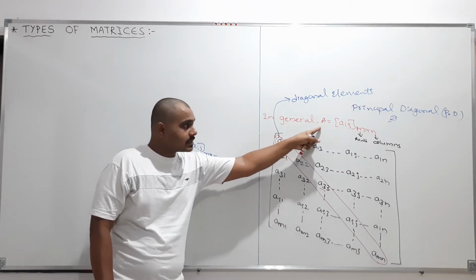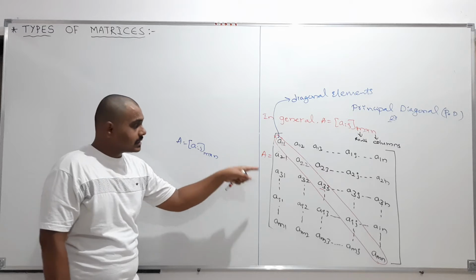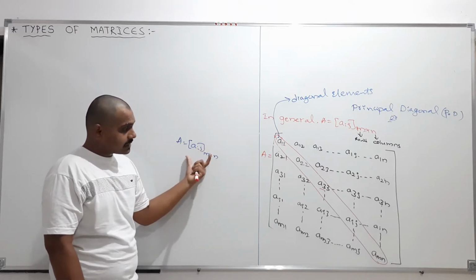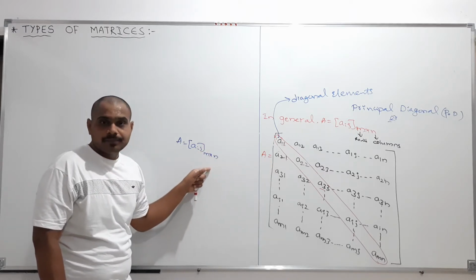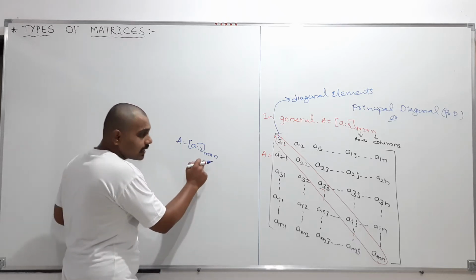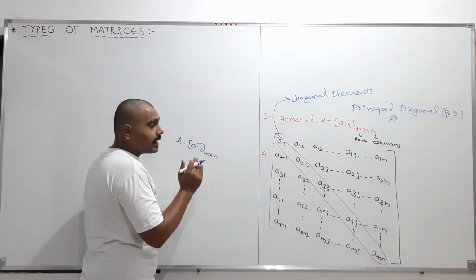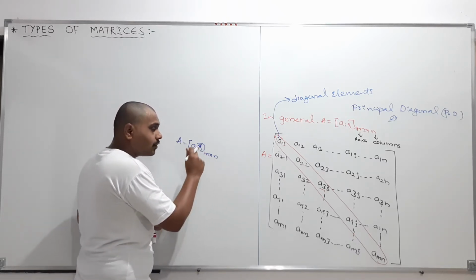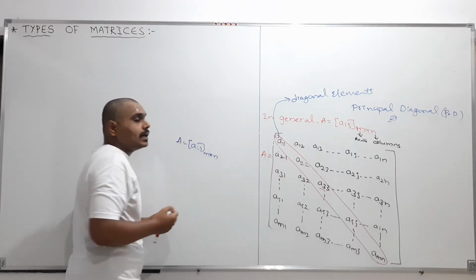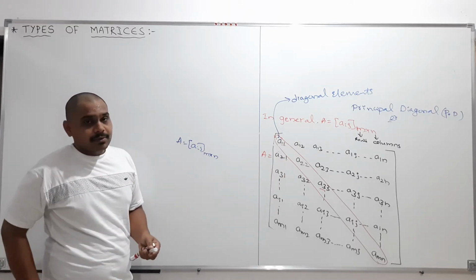Both are the same. This is the compact form, and either way you can denote a matrix of order m cross n, as we discussed in the previous video.